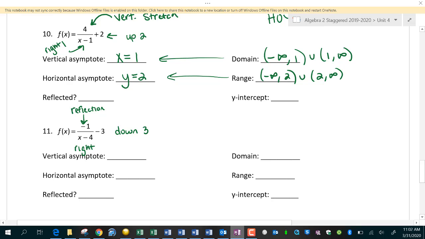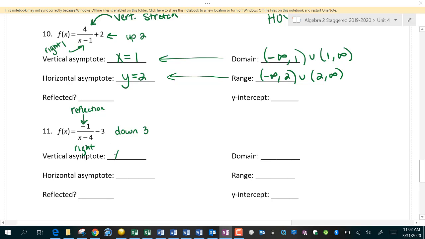Going back to jot these down, my vertical asymptote is going to be x equals 4. Note it comes from that horizontal shift, so it's just the opposite of what you see in the denominator. And then my horizontal asymptote is y equals negative 3, and that comes directly from that value at the end.